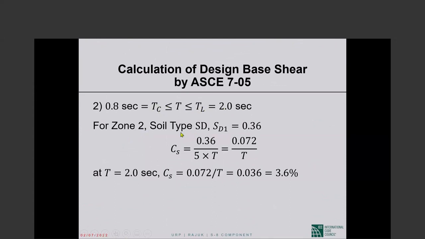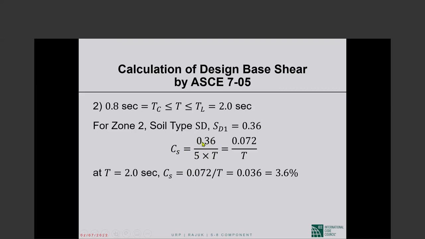For zone 2, soil type SD, BNBC gives us S sub D1 of 0.36. So C sub S would be, remember that the ASCE 7 equation for the descending branch is C sub S is S sub D1 divided by RT. C sub S is S sub D1 divided by RT.